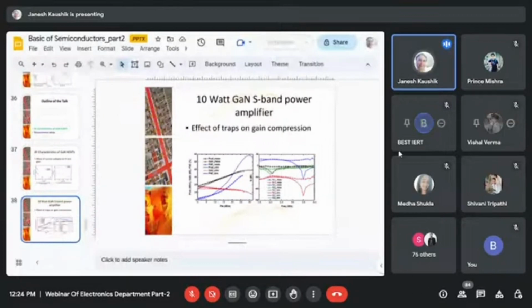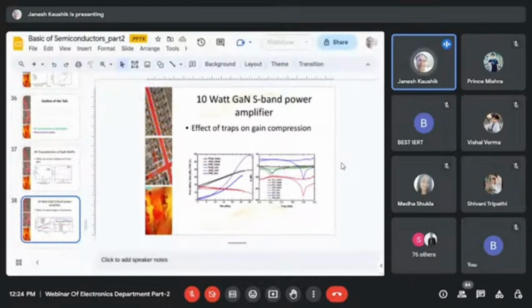So the VI product is 100 times more than the gallium arsenide technologies. So we should get higher power, and we do get higher power, but not in a linear way. We get non-linear effects. That is the disadvantage, and that is due to the presence of surface traps.